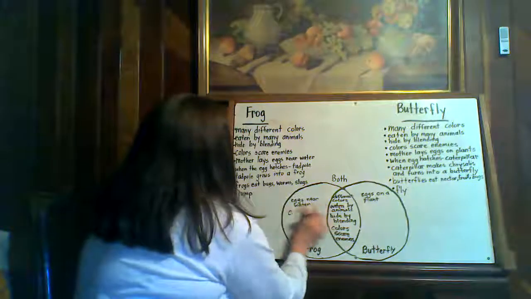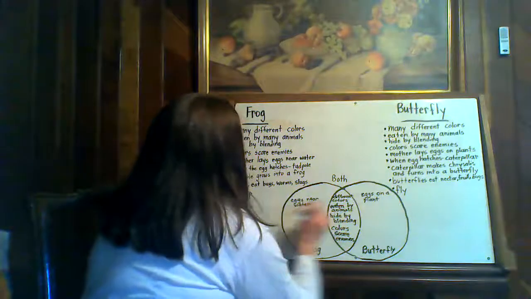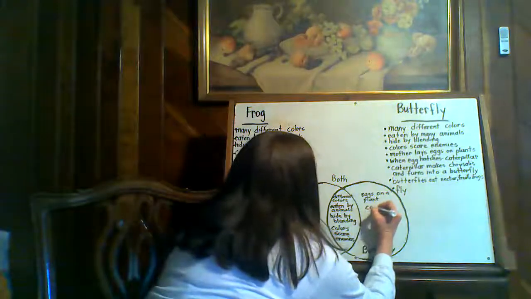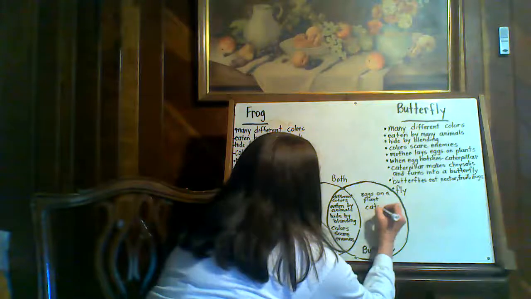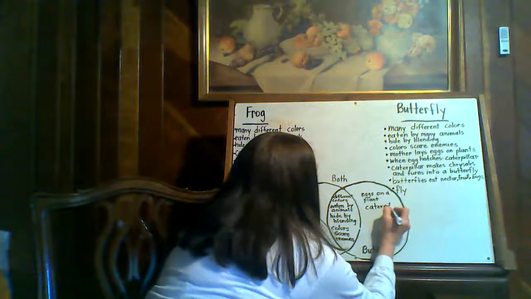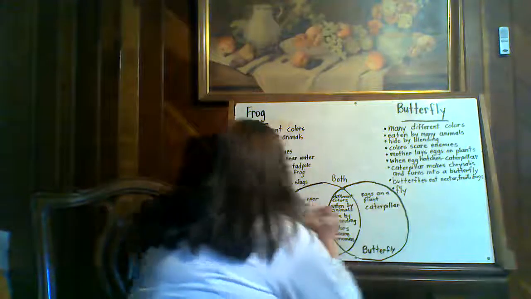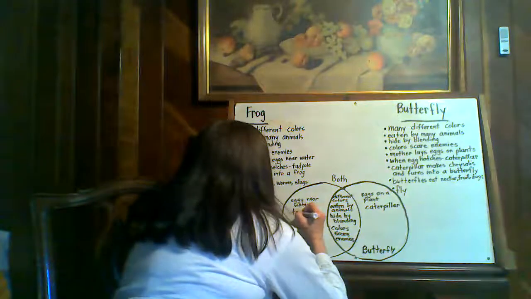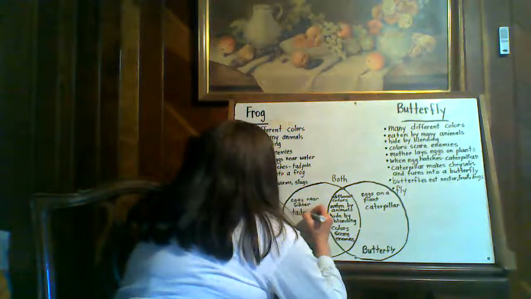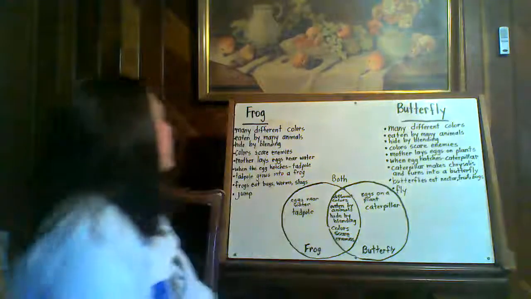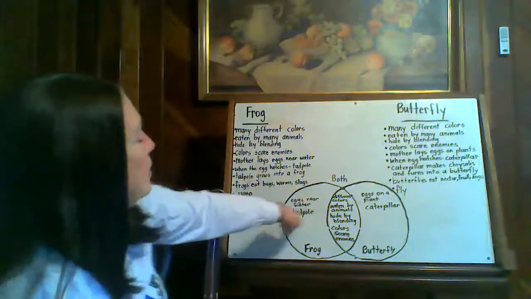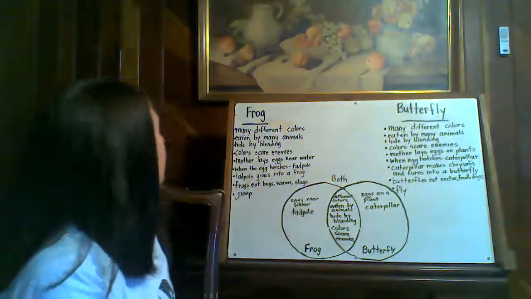I put it on the wrong side. Caterpillar goes over here with butterfly. And a tadpole goes with a frog. I hope some of you caught that. There we go. So a tadpole for the frog, and a caterpillar for the butterfly.